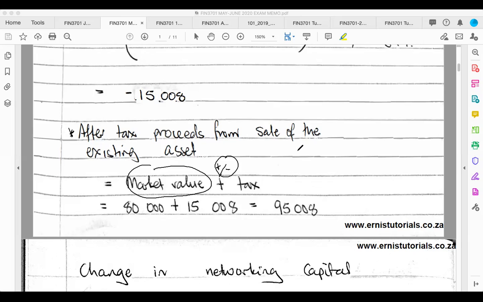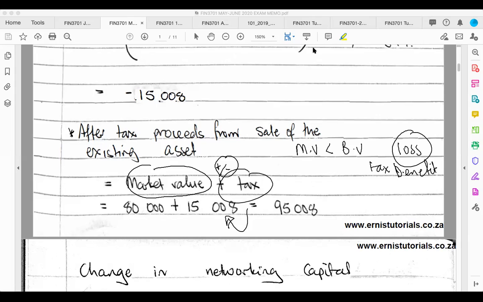If the existing asset has a market value which is less than the book value, we are selling the asset at a loss. This means we get a tax benefit, so we would add the tax expense, okay?